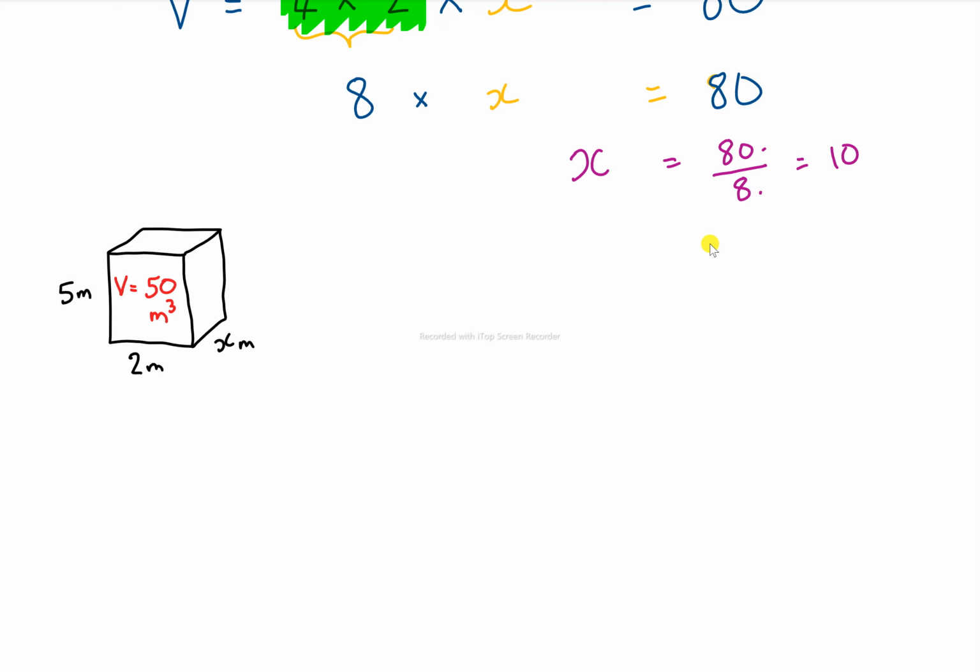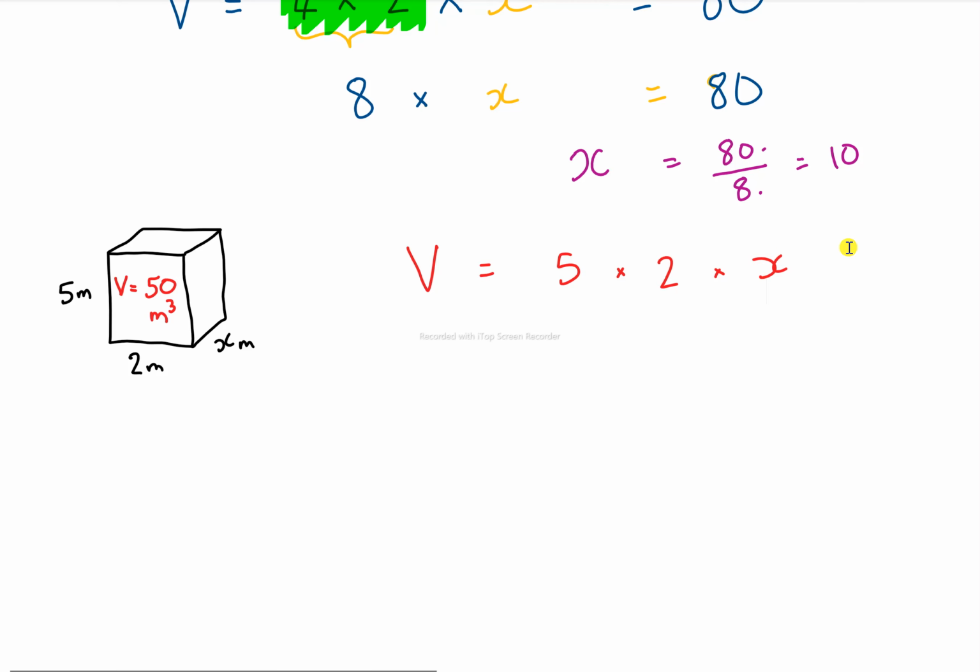So now look at this, I know 5 times 2 is 10 times something equals the volume, right? So watch this, I know V equals 5 times 2 times x. Remember we said x is the unknown.